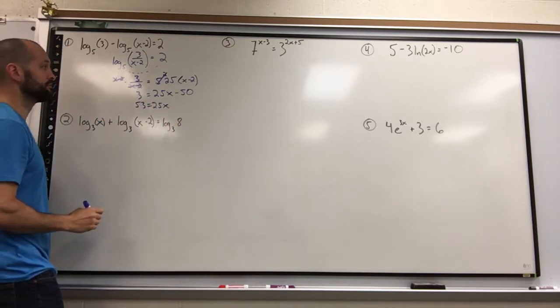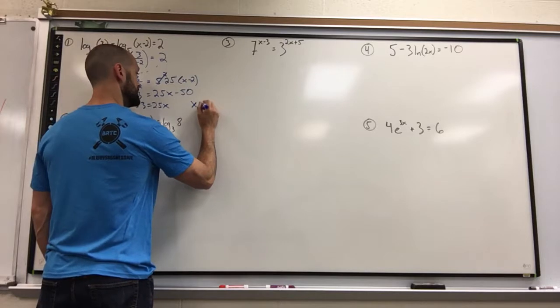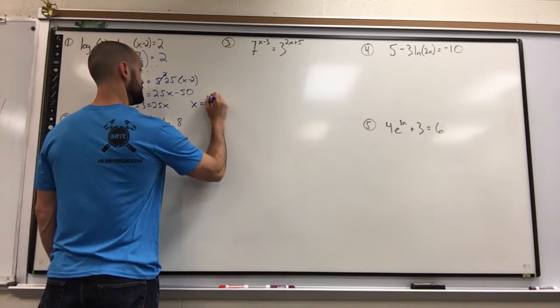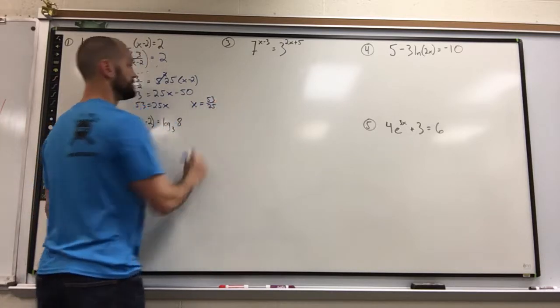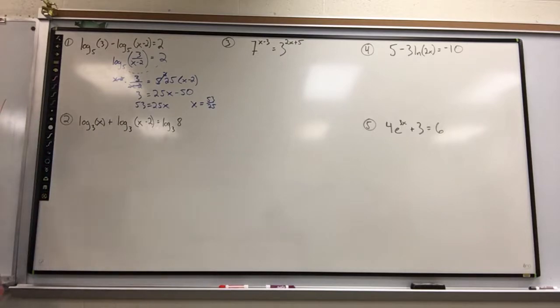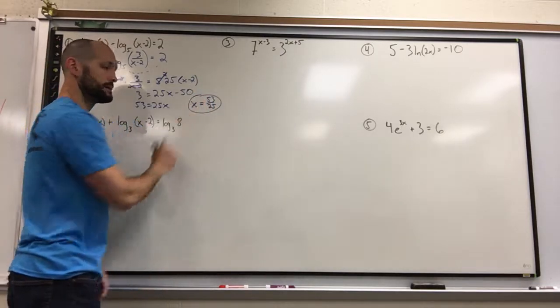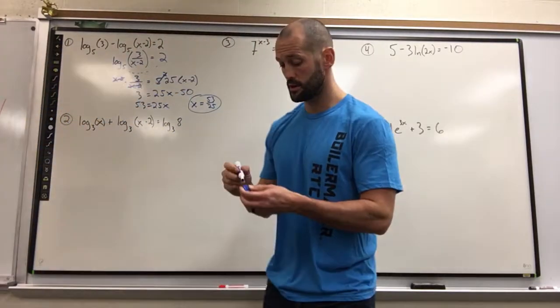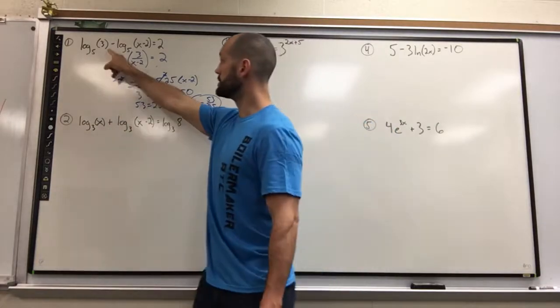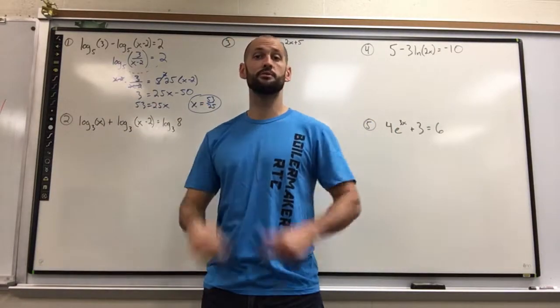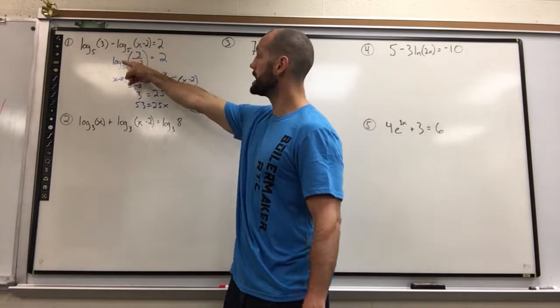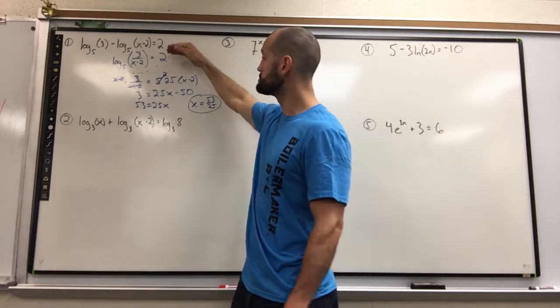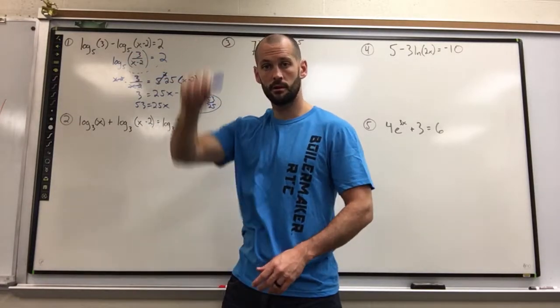Divide both sides by 25, and x equals 53 over 25. Done. Here's problem number 1. So what did you need to solve that one? You had to know that when you subtract logarithms, you combine through division, and then if you have a 1 log statement to solve, you must put it into exponential form.